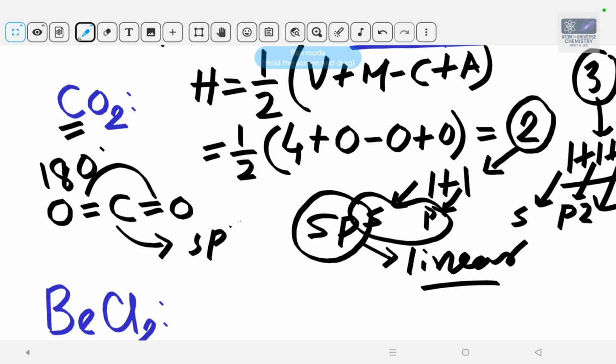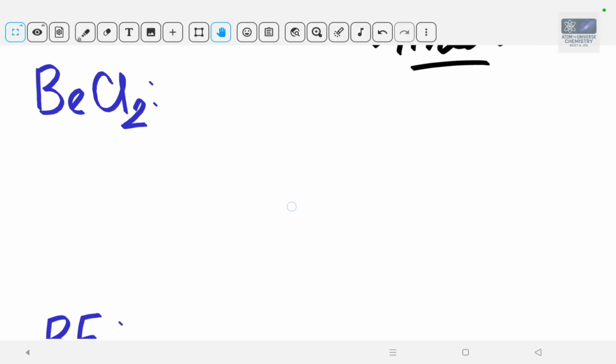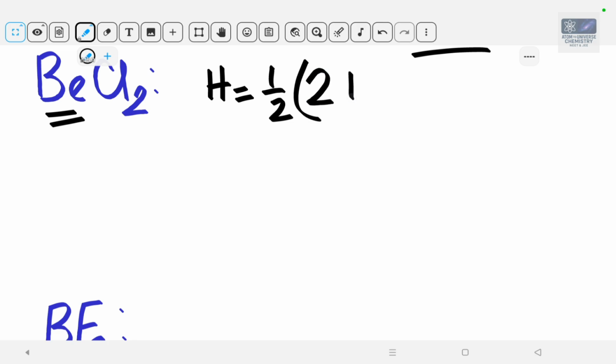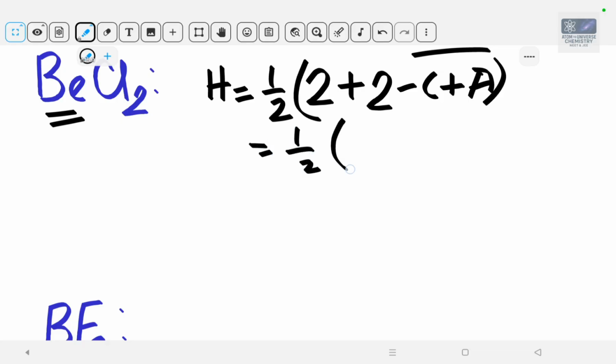Okay, now come to the next example. Here the central atom is Be, so H equals half. The number of valence electrons is 2 for beryllium, and 2 monovalent atoms are there, that is chlorine. So we put 2 in case of M, and no positive or negative charge, so that will be half into 4 minus 0 plus 0, that also gives 2.